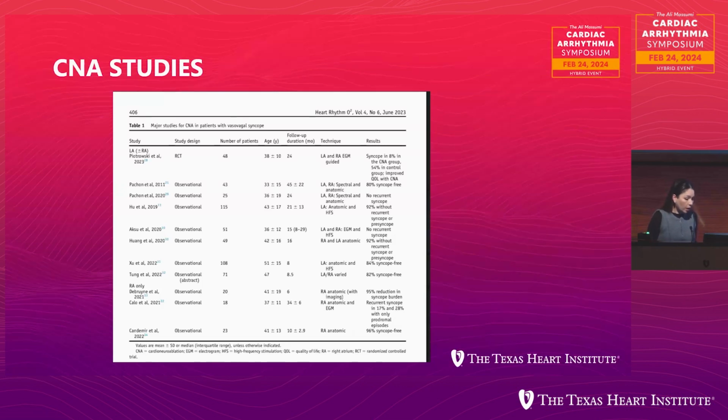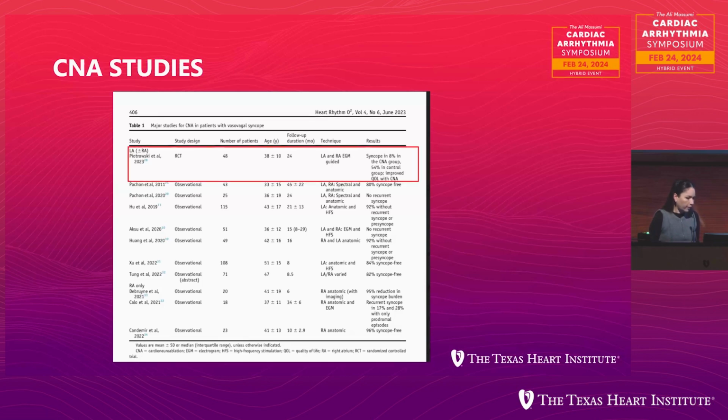This is a 2-year follow-up, and they had a significant decrease in recurrent syncope: 8% on the arm that did the CNA, and 54% on the patients that just had medications and conservative measures. And all of the observational ones also have extremely good results with proceeding with cardiac neuroablation.